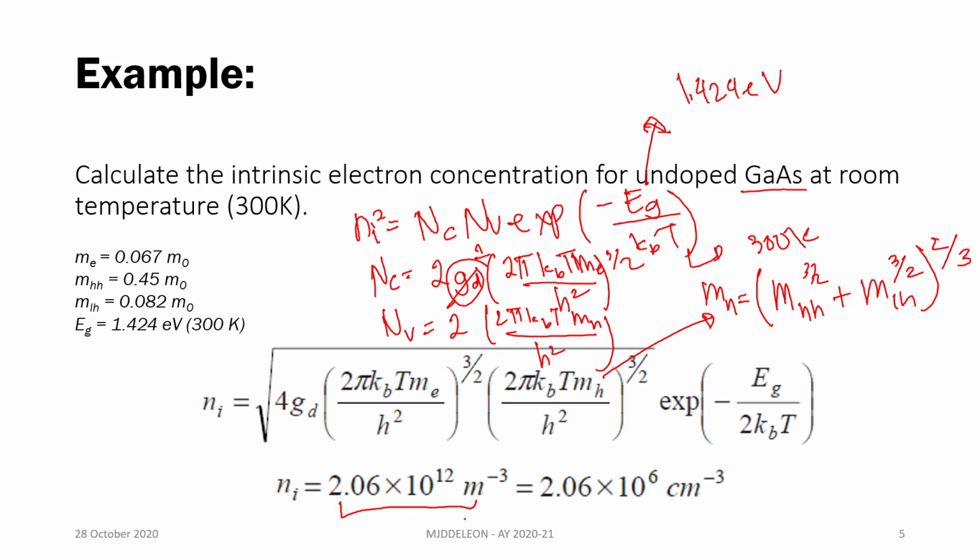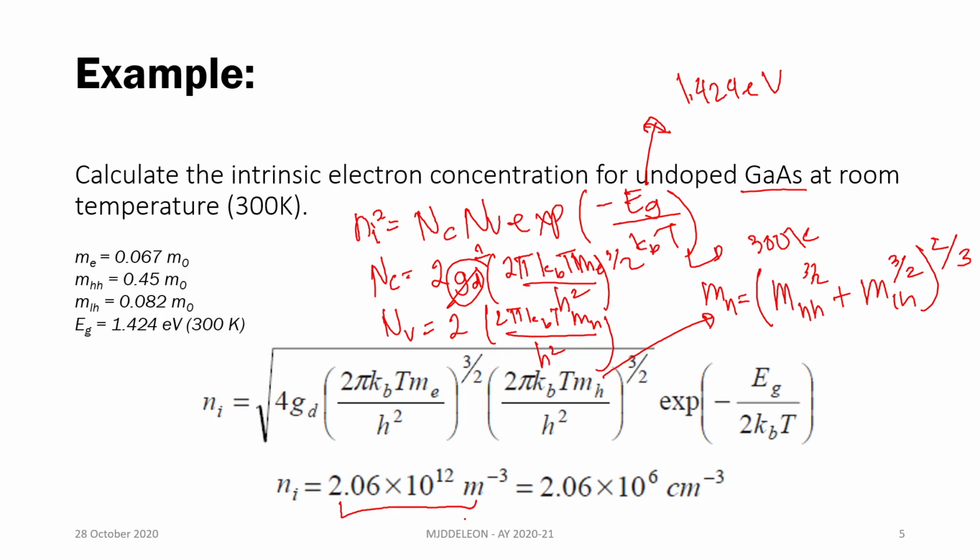6 per cm cube. So we see that for an intrinsic semiconductor, the concentration of electrons, or charge carriers, in the system is low. And this is why, for a semiconductor, usually the number of atoms is around 10 to the 22 per cm cube.